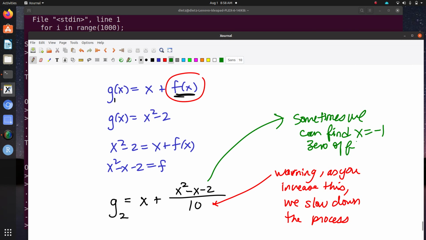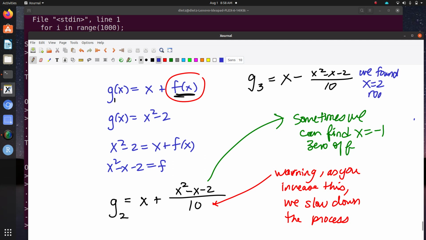But if we want to find the other root, right? G3 is equal to x minus (x squared minus x minus 2) all over 10. This allows us to find the x equals 2 root.